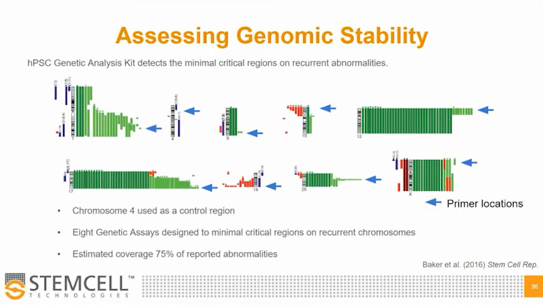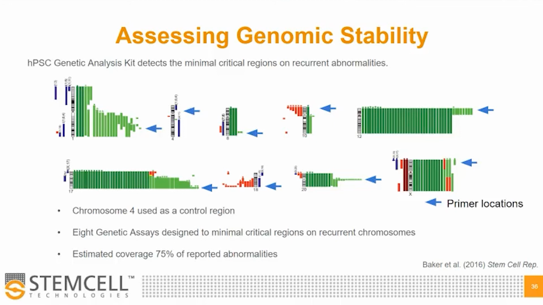One tool which can be used, and will be discussed in more detail in the PSC product modules, is the hPSC Genetic Analysis Kit. This kit is a qPCR assay with probes targeted towards the minimal critical regions on 8 recurrent abnormalities known to occur in hPSCs.